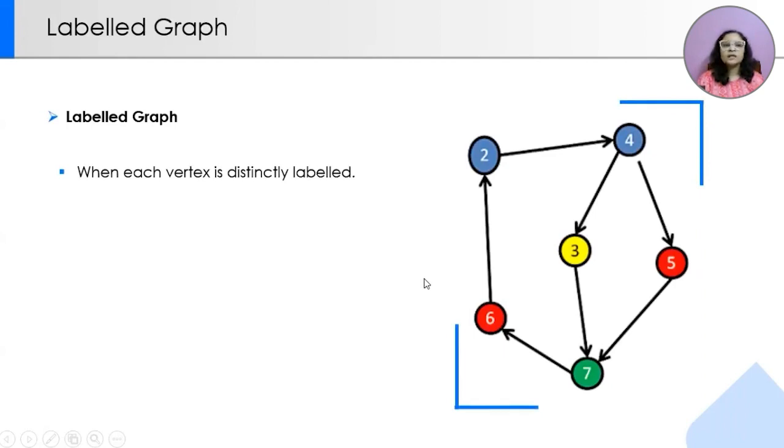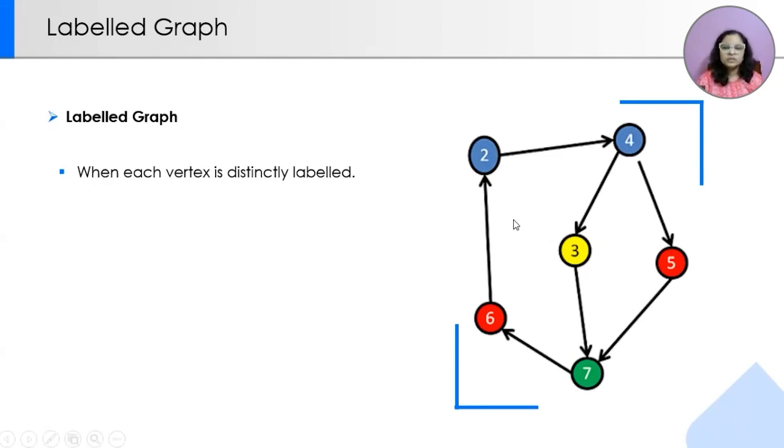Moving on to our last definition, which is labeled graph. When each vertex is distinctly labeled, you can see in all the vertices that there is a number assigned to them: 2, 4, 6, 3, 5, 7. You can also assign letters to them, A, B, C, D, E, and so on.